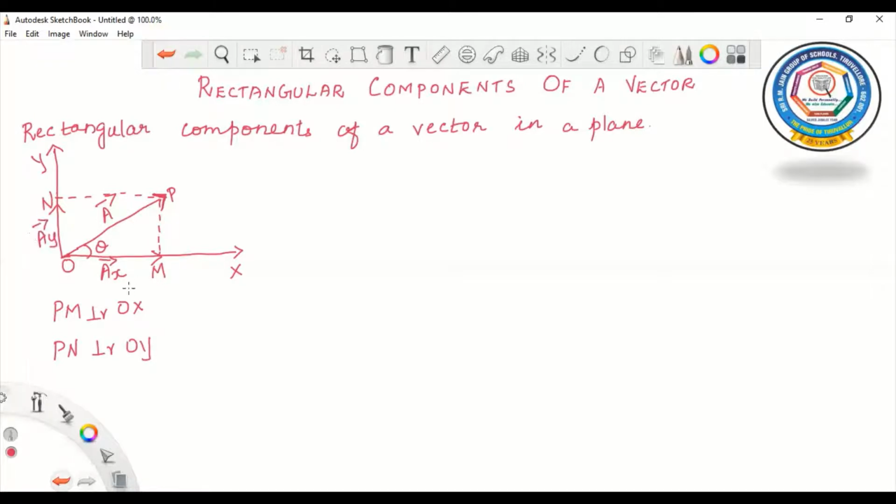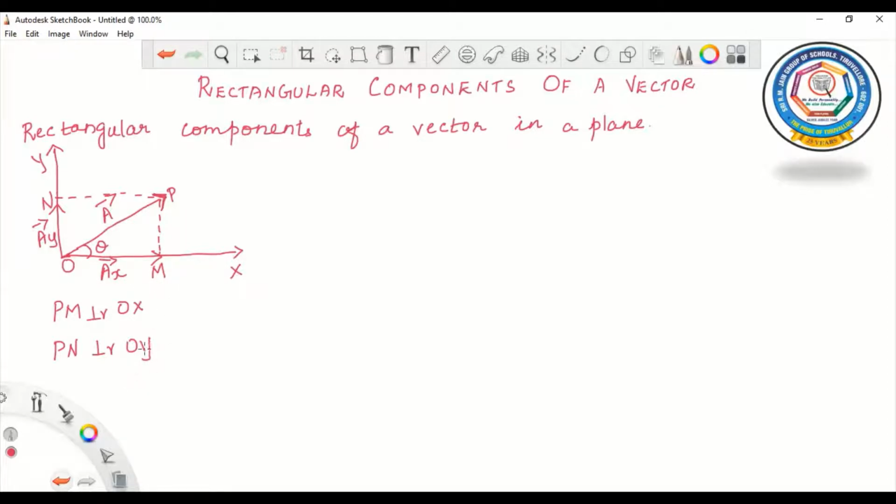And already we know the unit vectors, that is i cap, j cap and k cap. So i cap and j cap are the unit vectors along x-axis and y-axis respectively.